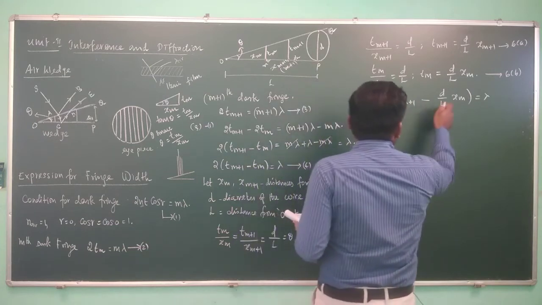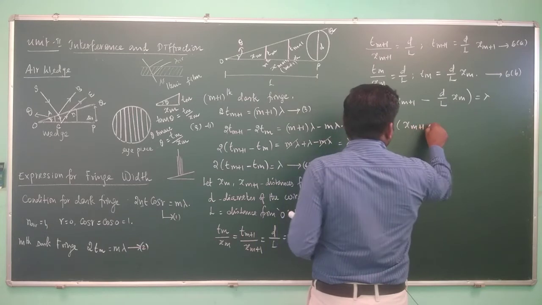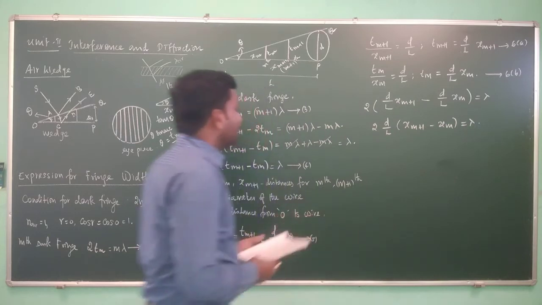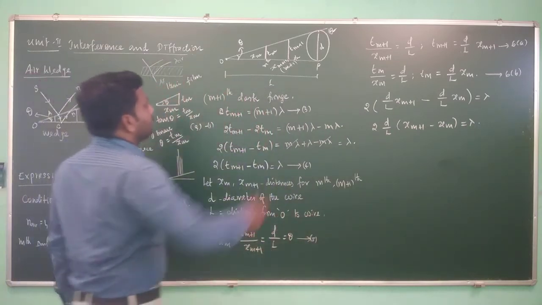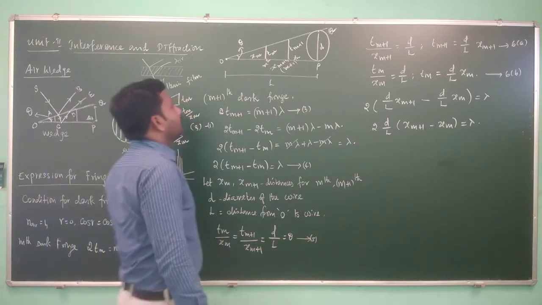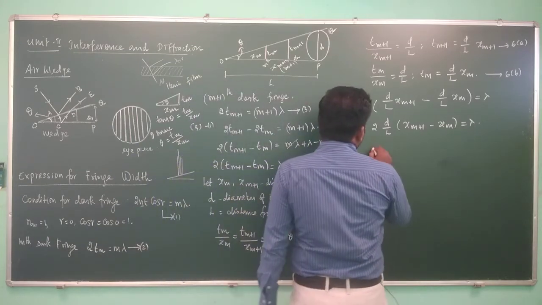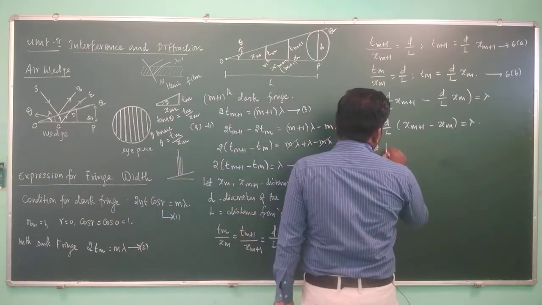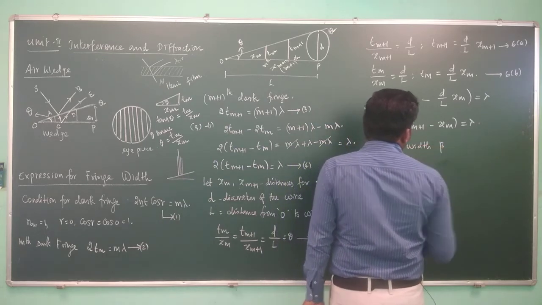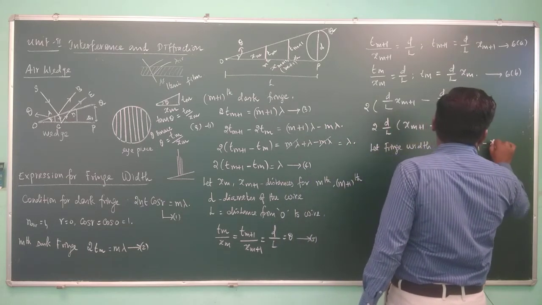Now D by L we can take out common, so 2 times D by L, xm plus 1 minus xm, which is equal to lambda. Okay, but as I said earlier, this distance between the m plus 1th fringe and mth fringe is nothing but the fringe width. So we can define, let fringe width be beta, that is nothing but xm plus 1 minus xm.